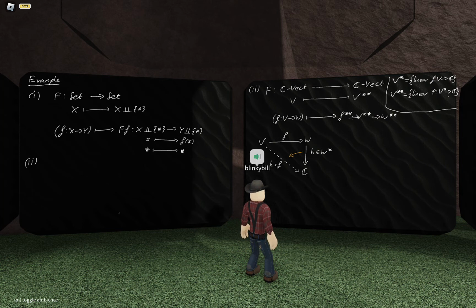So this construction, starting with this thing and ending up with this thing, is itself a morphism between W star and V star, which takes something in W star, so an H, and maps it to precomposition with F. So there's a map there.